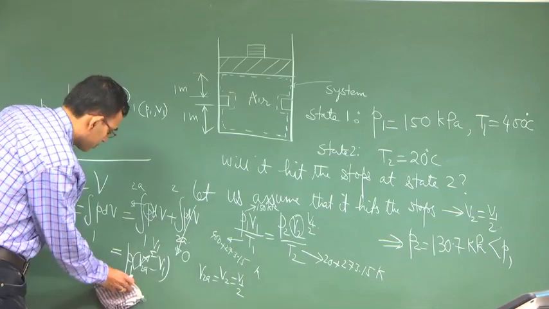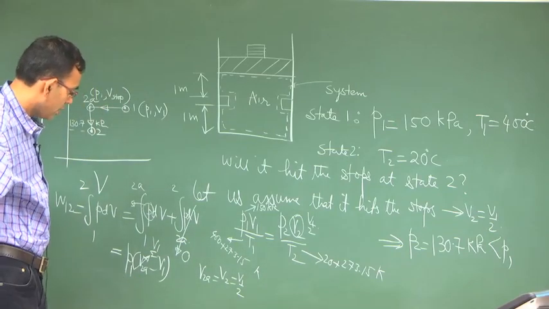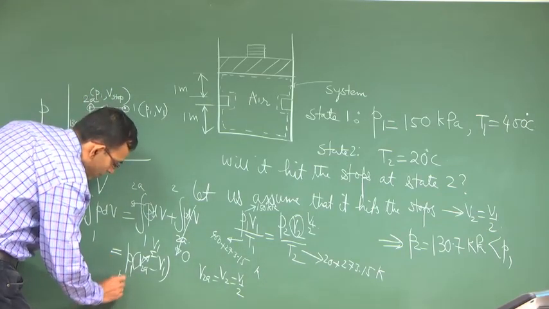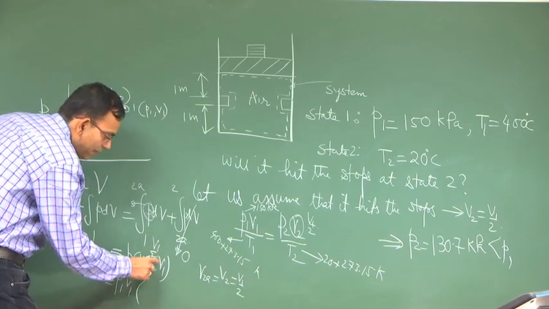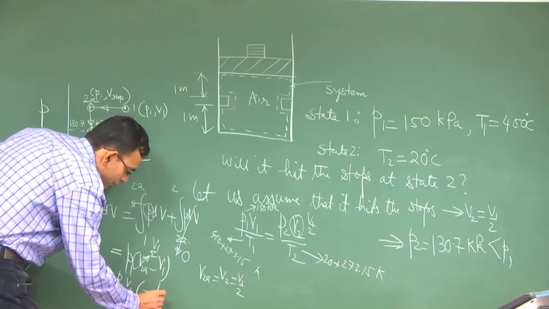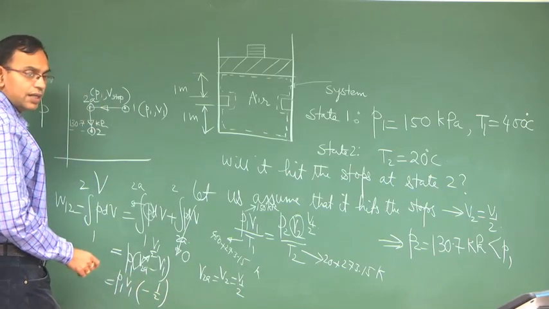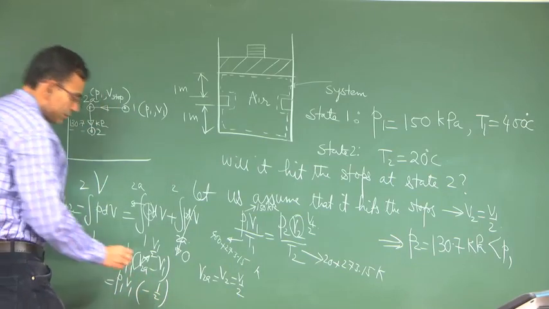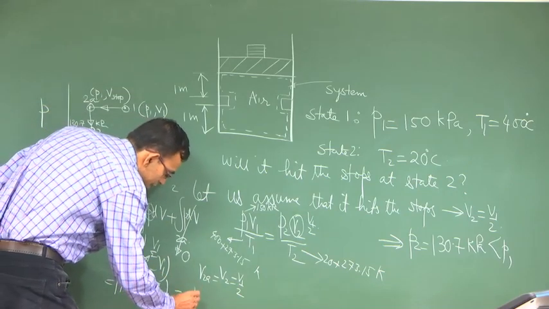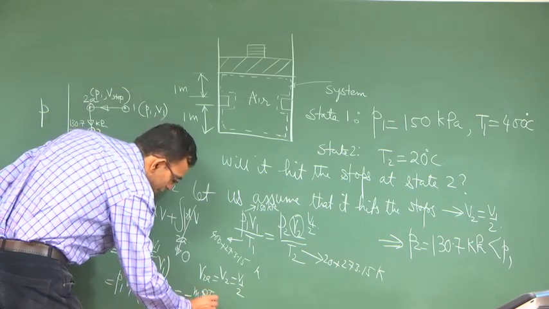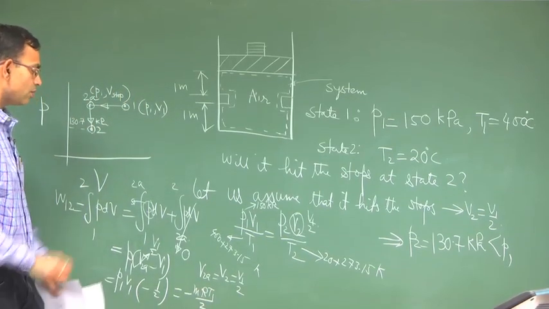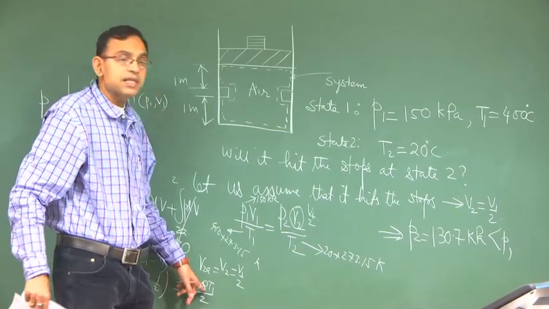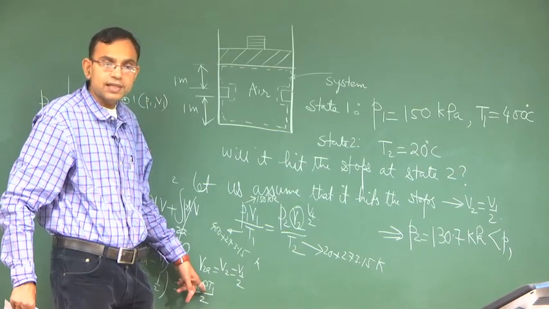then you can write P1 V1 into half minus 1, that is minus half, and P1 V1 is mRT1, minus mRT1 by 2. This T1 is again absolute temperature. What is this R? This is the specific gas constant, not the universal gas constant.